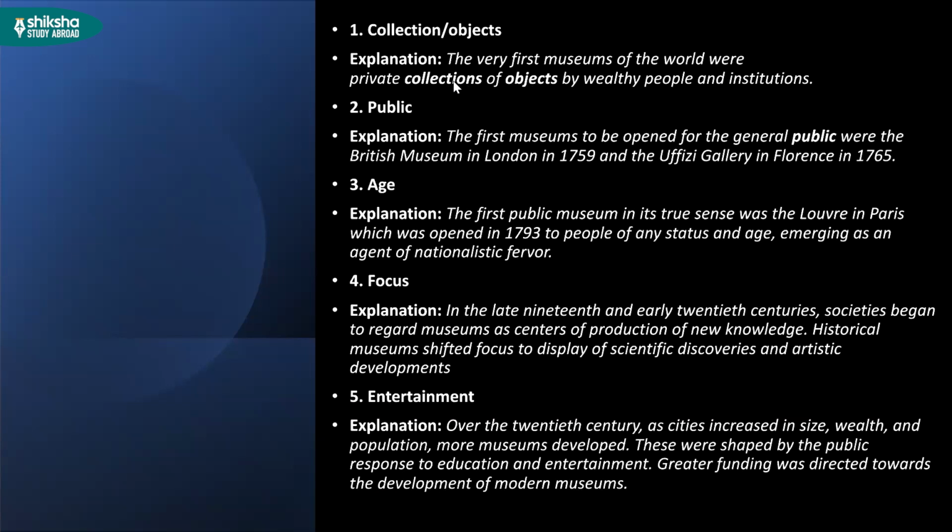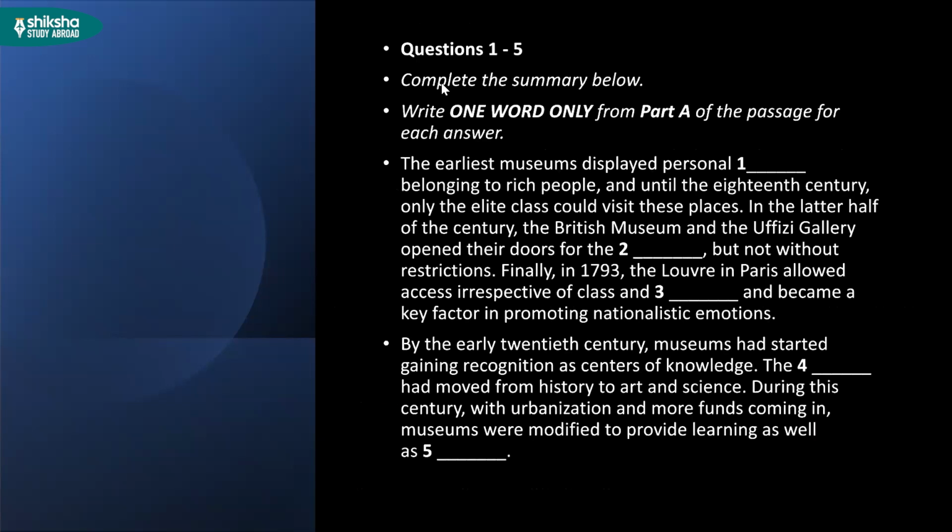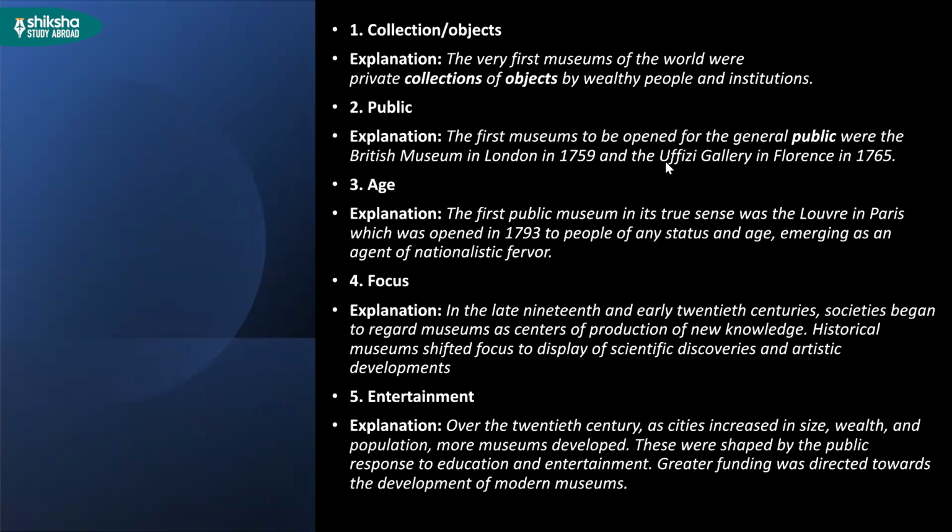Why are there 2 answers? Because collections also fits correctly here. Just read it with the word collection, displayed personal collections. And if we write objects, displayed personal objects, both are sounding correct. And as you can see here, it's interrelated. Of the world were private collections of objects. Okay, so this is how you write the answer.